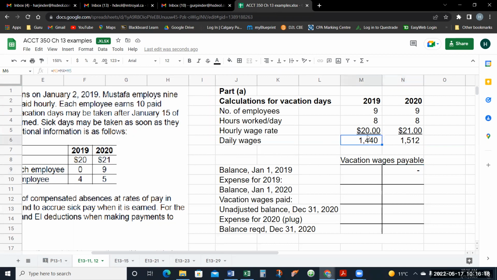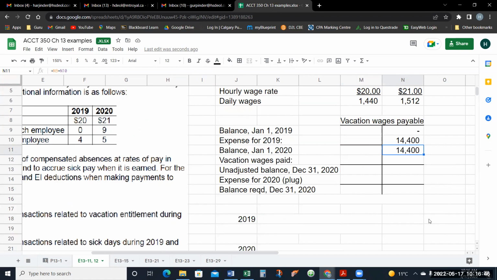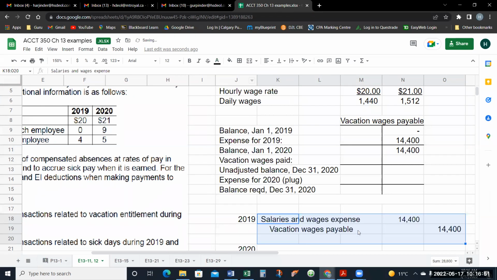So 1,440 times 10 would be the expense that the company records for the year 2019. And because none of the employees has taken any vacation yet, the liability balance at the end of 2019, or the beginning balance for 2020, is $14,400. That would be our journal entry for 2019. You want to debit salaries and wages expense, and credit vacation wages payable, $14,400.